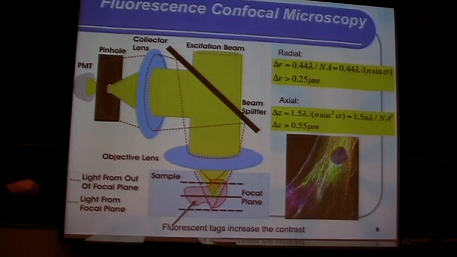So what you can see in here in this image that I showed is a fluorescence confocal microscopy image of biological sample in which different colors give you information about structure of this sample.